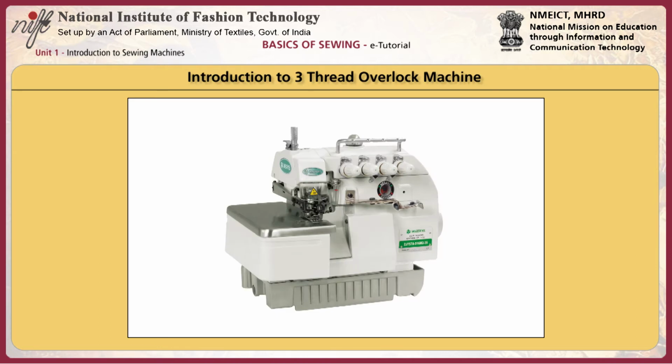Next, let us move on to learn about the 3-thread overlock machine. An overlock is a kind of stitch that sews over the edges of 1 or 2 pieces of cloth for edging, hemming or sewing.